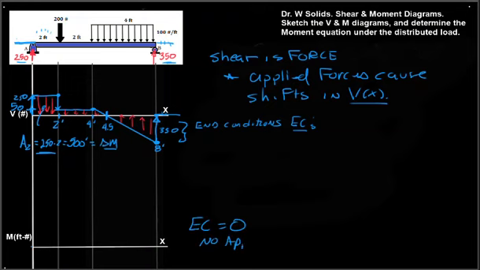There are no applied moments or couples. So I anticipate this to start at 0 and end at 0. And for this region, we know that we have a 500 foot-pound change. So let's show that here. I know the end point will be at 500.